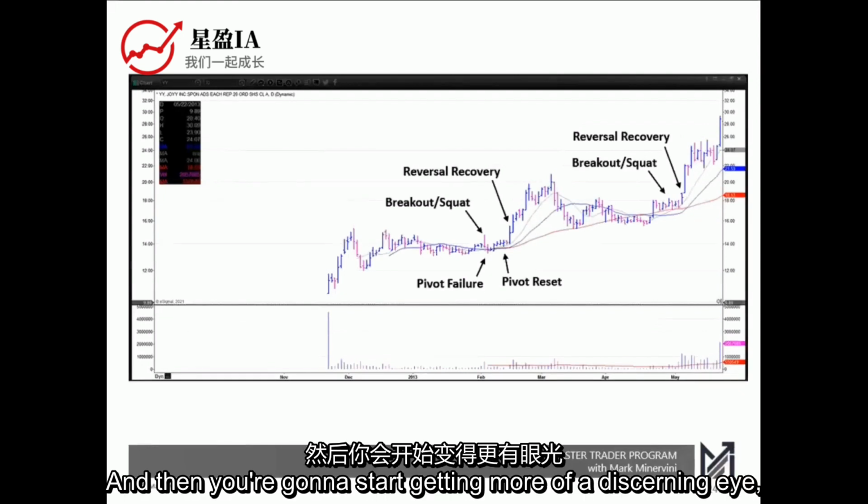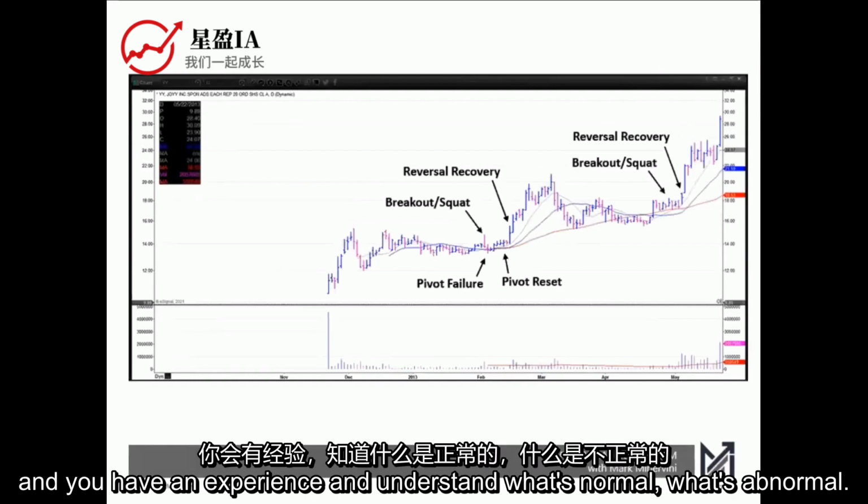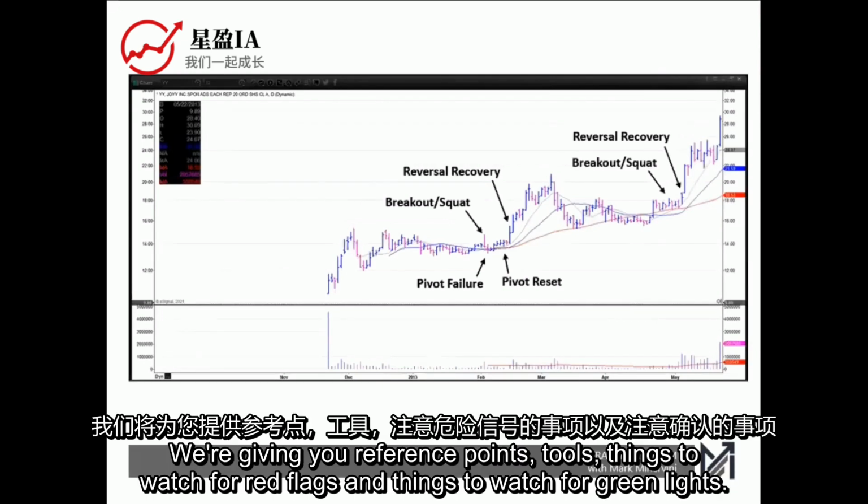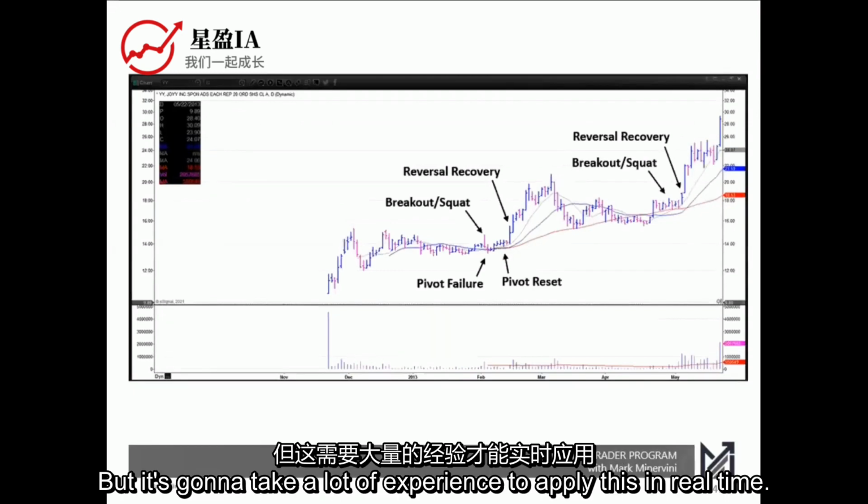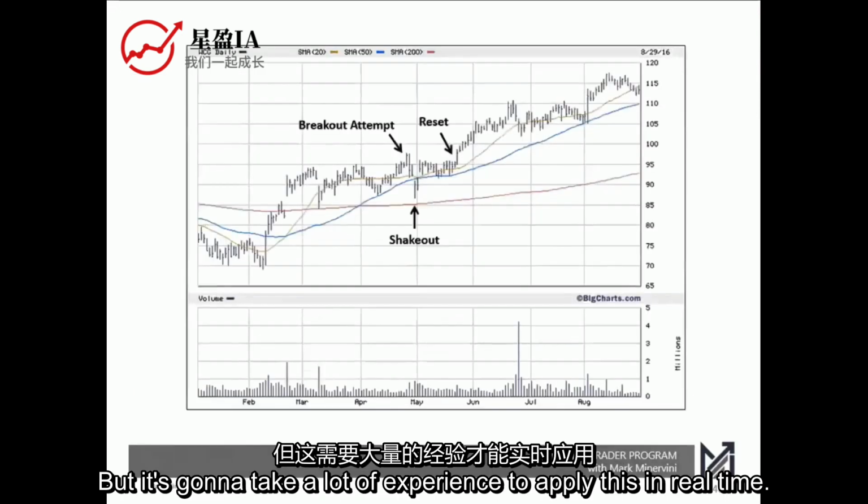And then you're going to start getting more of a discerning eye and have experience and understand what's normal, what's abnormal. We're giving you reference points, tools, things to watch for red flags and things to watch for green lights. But it's going to take a lot of experience to apply this in real time.